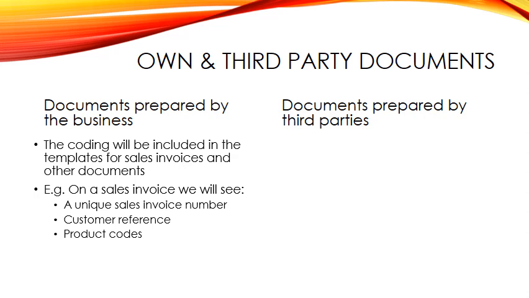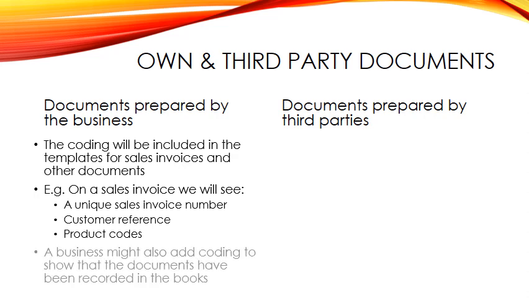It might include product codes as well. And later on, that business might also add a little bit of coding, perhaps to show that those documents have now been recorded in the books and who has actually recorded them.